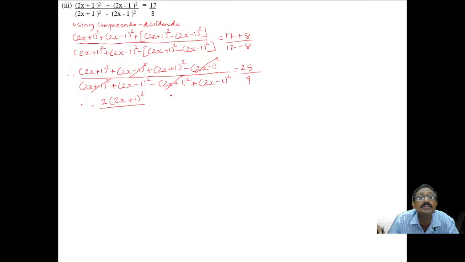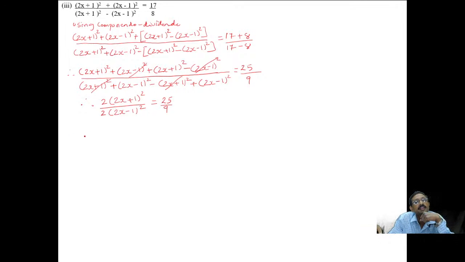How many times we have got (2x minus 1) square? 2 times. So let us write 2 into (2x minus 1) square, which is equal to what we got on the right hand side? 25 upon 9.